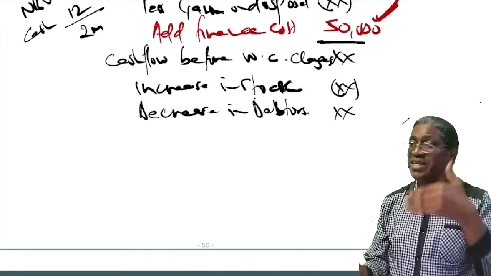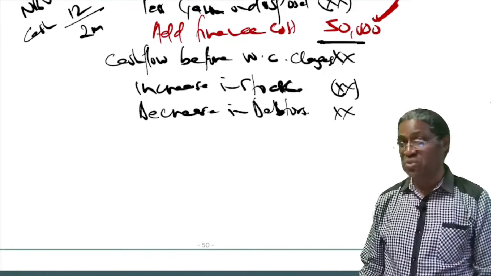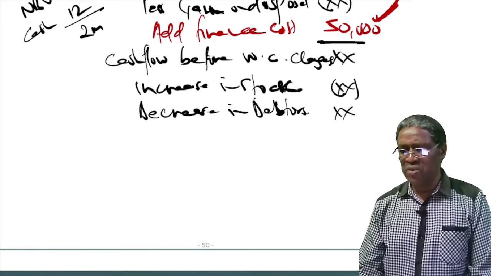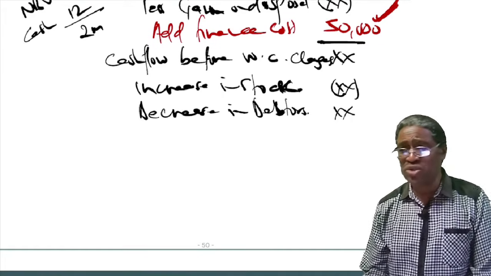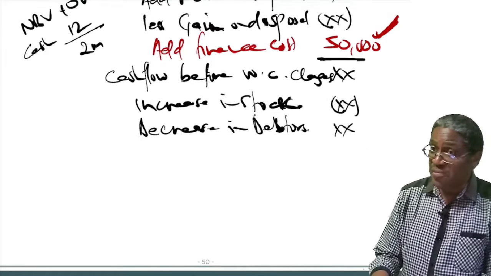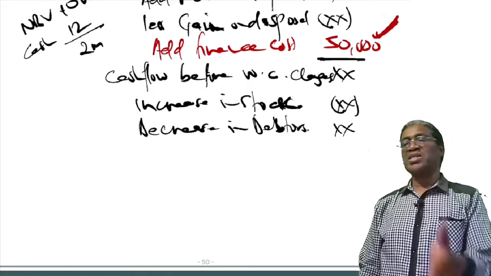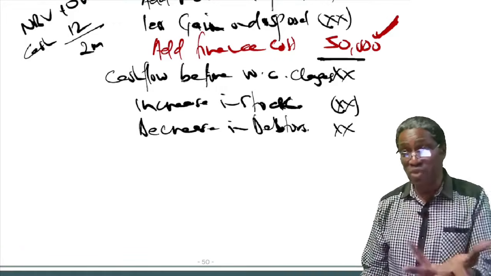Then you go to the current liabilities. They are part of working capital. Let me assume the only current liability as per your question is creditors. Maybe the creditors last year was 7 million. This year the creditors are 5 million, meaning they have gone down.